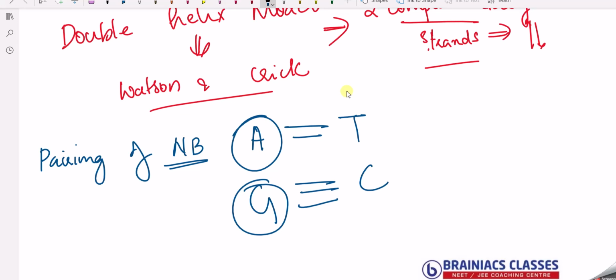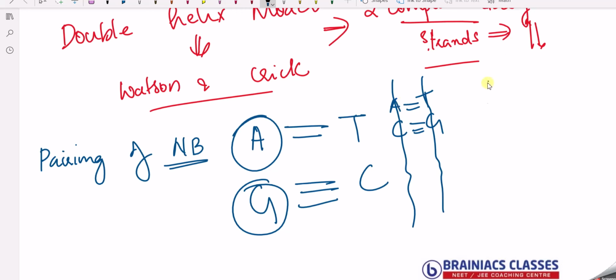If in one DNA strand you have adenine, the nitrogenous base in the opposite strand will be thymine, because adenine only goes with thymine. Similarly, if you have cytosine here, the opposite strand will have guanine. This is called a complementary pair.